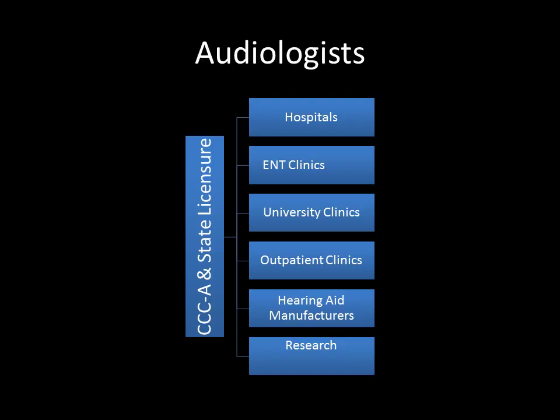Audiologists can work in hospitals, ENT clinics, university clinics, outpatient clinics, hearing aid manufacturers, and can also participate in research. Audiologists work in a lot of similar settings as speech-language pathologists. However, there are some settings that are different, such as the ENT clinics and hearing aid manufacturers.